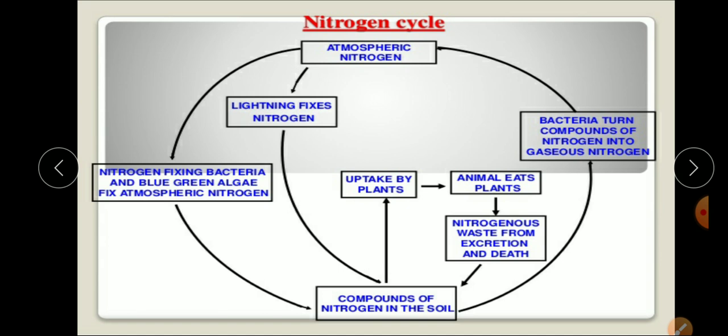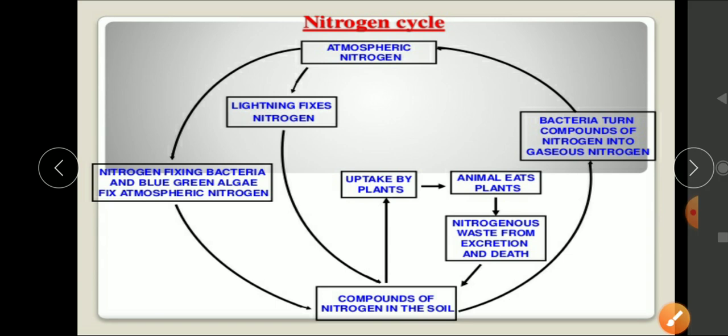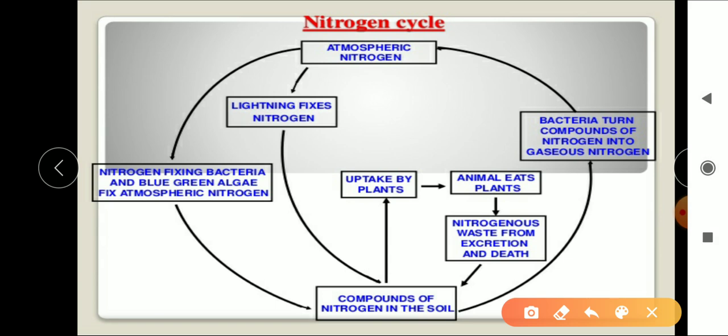But you know that the amount of nitrogen in the atmosphere remains what? It remains constant, isn't it? So we will learn how the nitrogen cycle is working. Our atmosphere has 78% nitrogen gas.